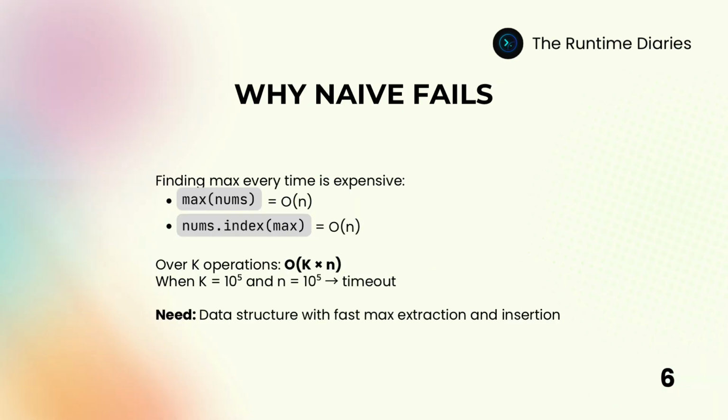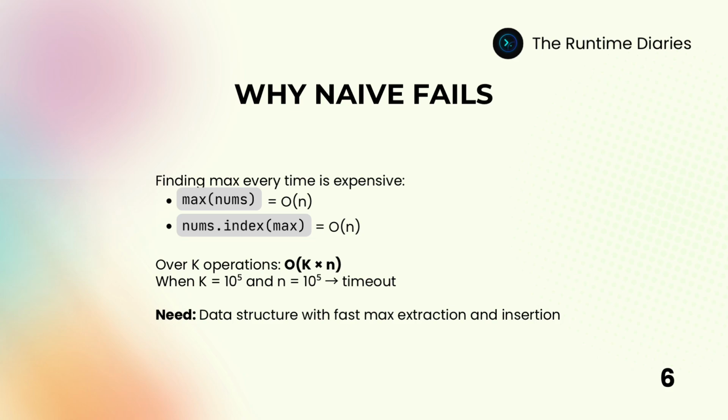Let me break down exactly why this naive approach collapses. The bottleneck is finding the maximum value every single time. The max function scans the entire array from start to finish, checking every element. That's O of n. And then nums.index of max_val does another full scan to find where the max value lives. That's another O of n operation.